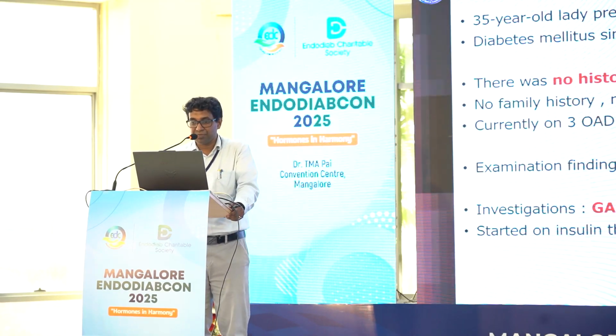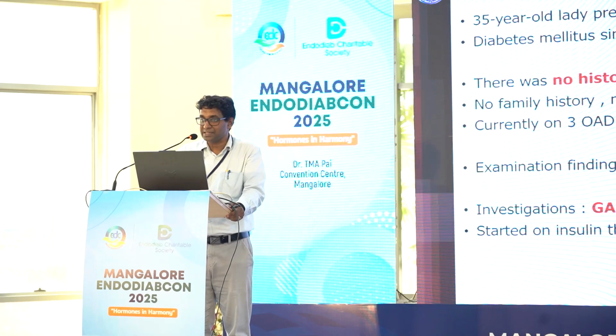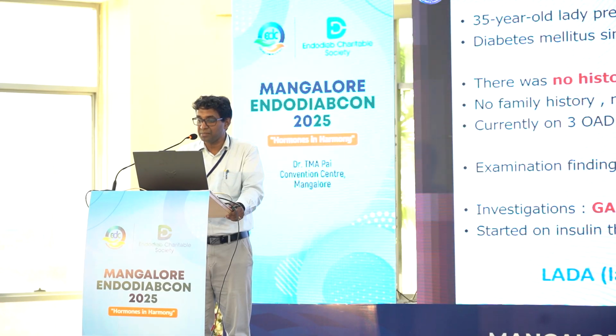Now, one of our patients came to OPD with classical osmotic symptoms, no history of ketoacidosis. Antibodies were strongly positive, lean BMI, and C-peptide levels drastically low. The patient was started on insulin and subsequently had an improvement, a classical presentation of latent autoimmune diabetes in adults.